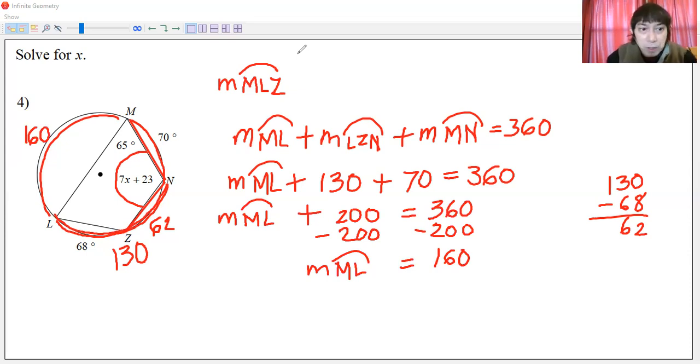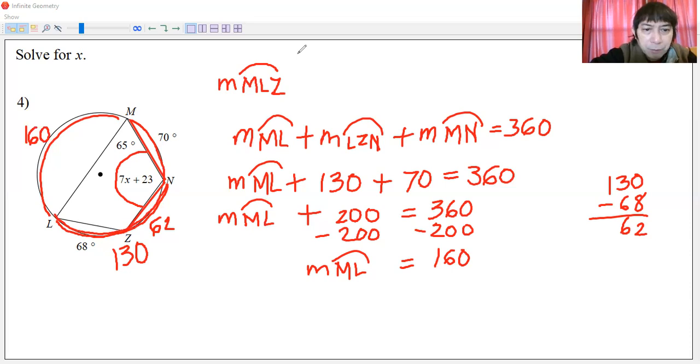The 160 and the 68, and then dividing that by 2 will be equivalent to the inscribed angle 7x plus 23, and we can have that equation. And so this is now our working equation.